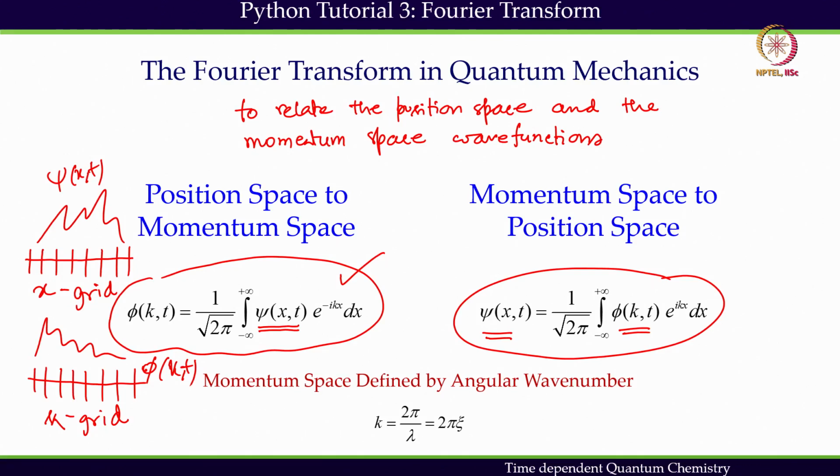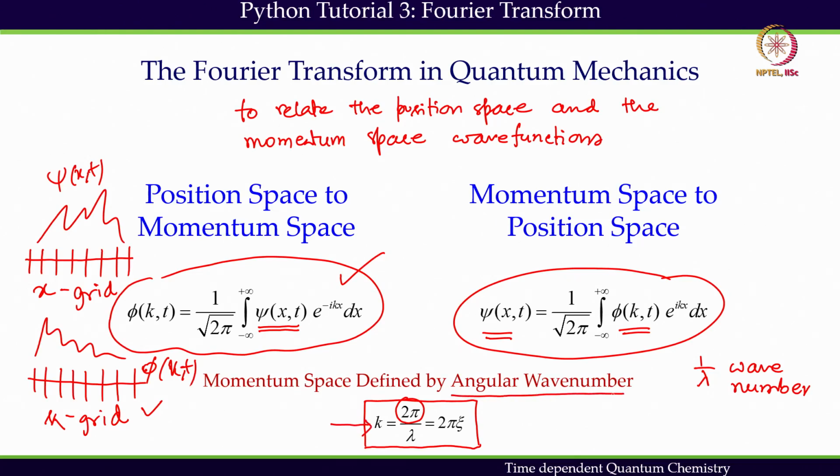The position space represents the x space, which is the coordinate space, and momentum space represents the k space, where k is defined by 2 pi by lambda, which we will see why. We know that 1 by lambda is a wave number, and because it is multiplied by 2 pi, this k is considered to be the angular wave number.